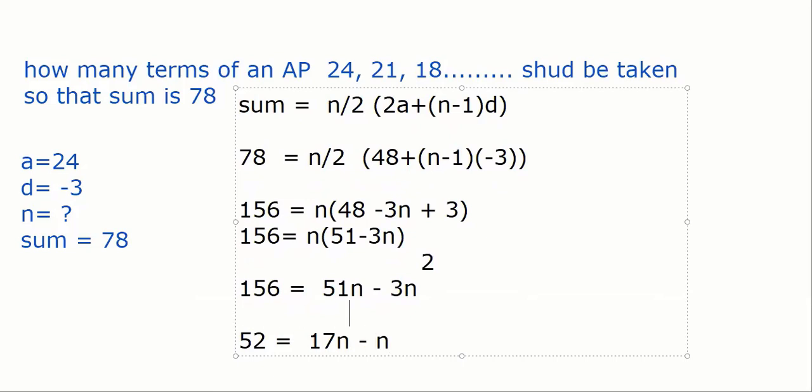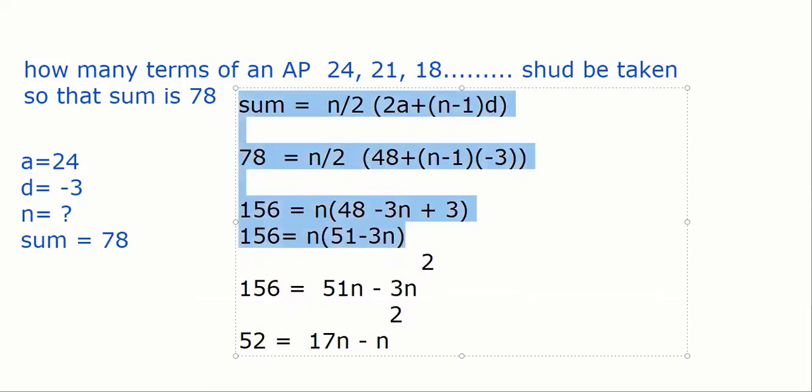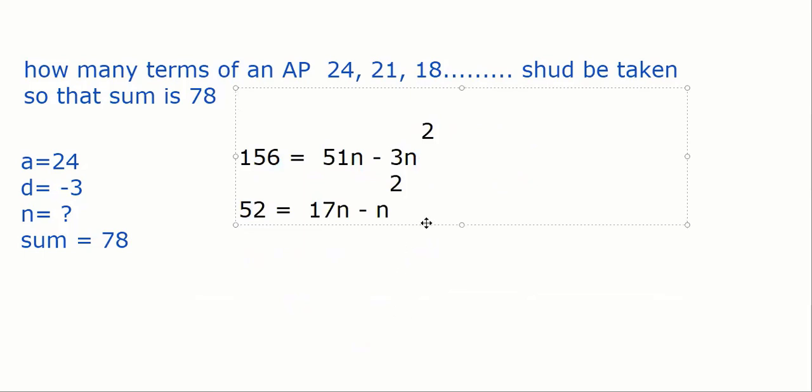This becomes my quadratic equation, and you already know how to solve a quadratic. So my quadratic equation becomes n square minus 17n plus 52.